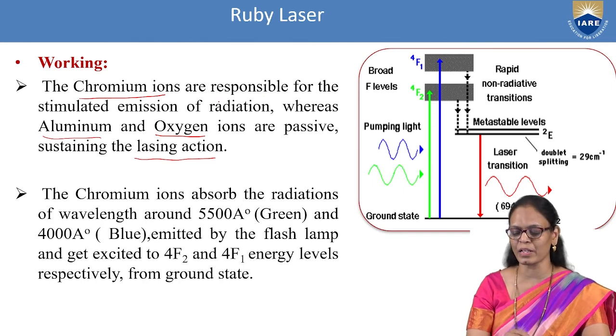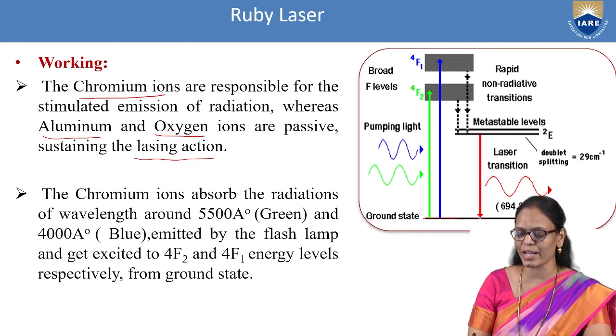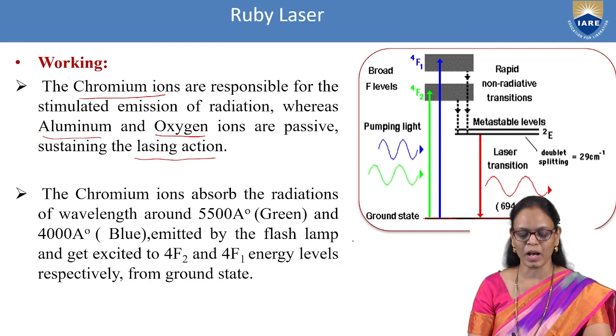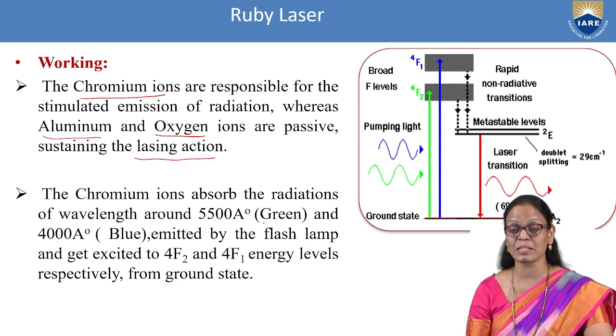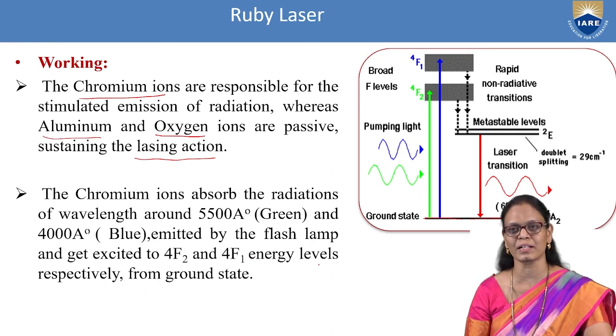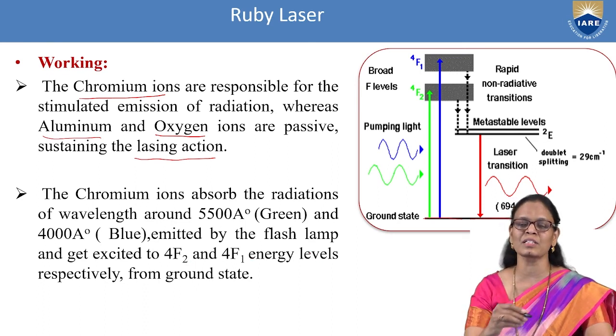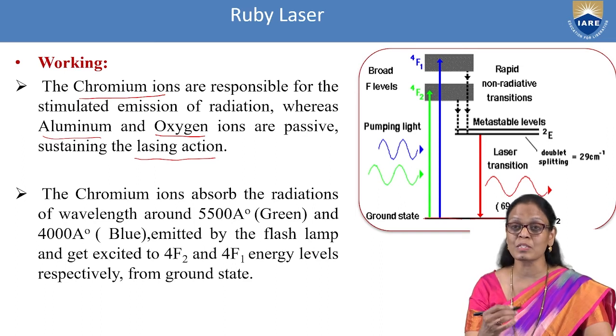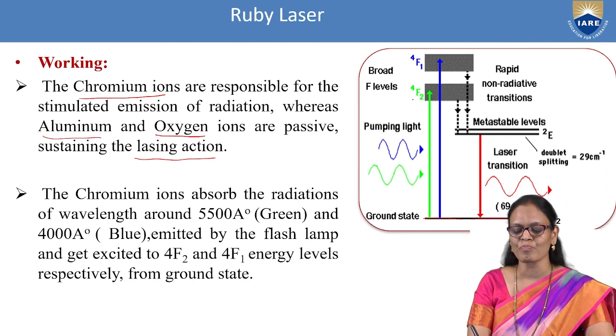So what is happening here is, this is the ground state for chromium atoms. Now they absorb the radiations of wavelength 5500, which is represented by green, and 4000, that is blue, emitted by the flash lamp, and they get excited to 4F2 and 4F1 energy levels. Till now we were talking in general about E1, E2, but now, specific to ruby, the energy levels we are mentioning here are 4F2 and 4F1.